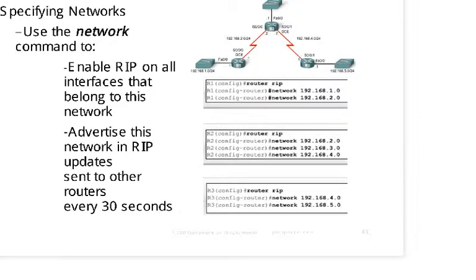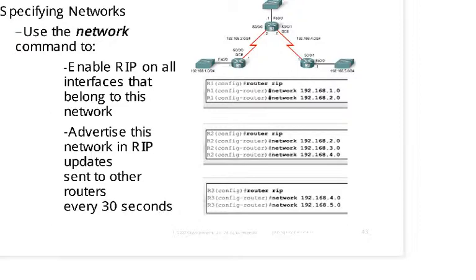So starting RIP does not mean that the updates will go back and forth by default. No, you have to enable the route updates to be sent back and forth on each network you are connected to.